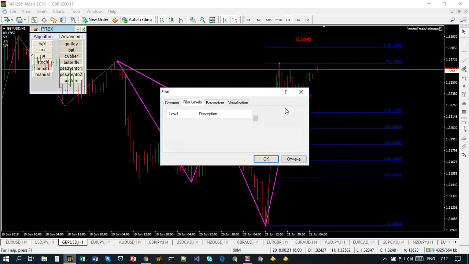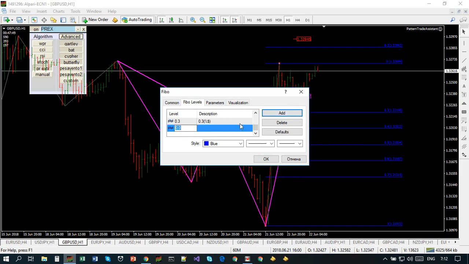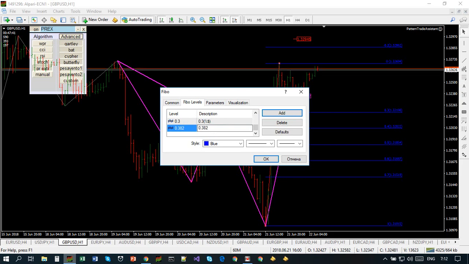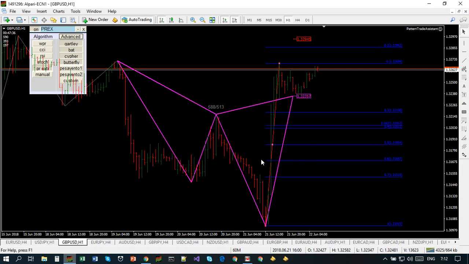I should go here, Fibonacci levels, add a level 0.382, and to have prices I should type the name 0.382 and this code to have price in brackets. Okay, so you see 0.382 is closer to 0.4.